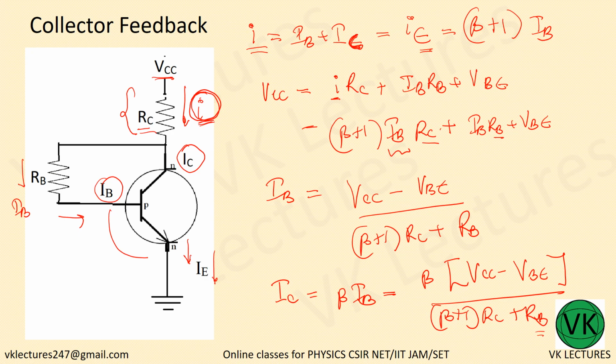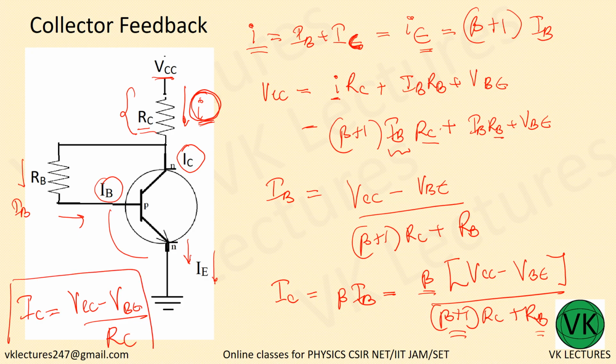Now that point you can note: if beta plus 1 times RC is very large compared to RB, then IC is equal to VCC minus VBE divided by RC. Please remember this formula for IC.